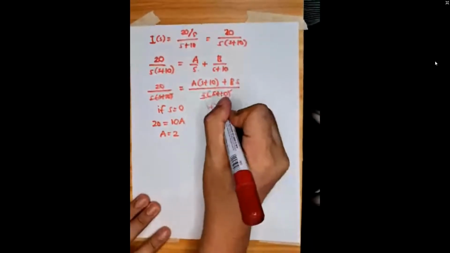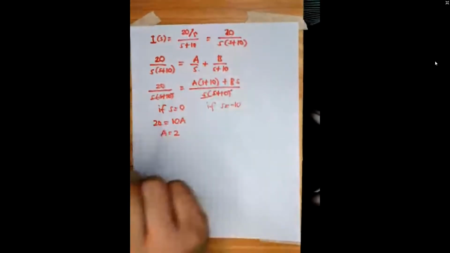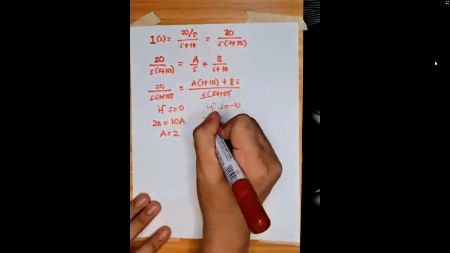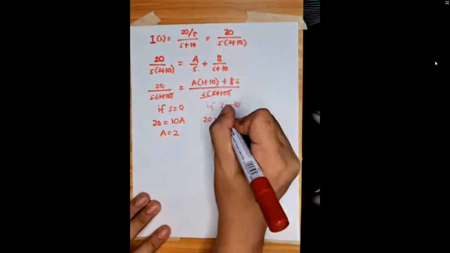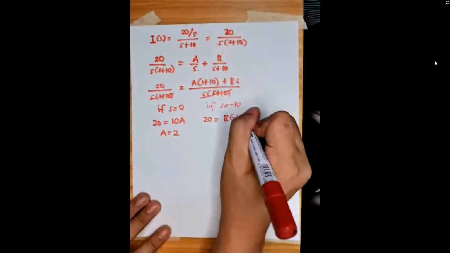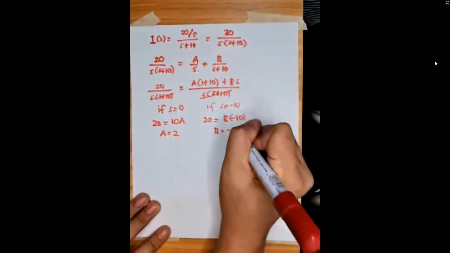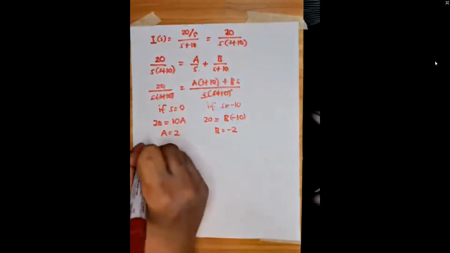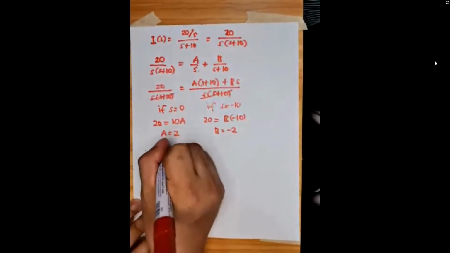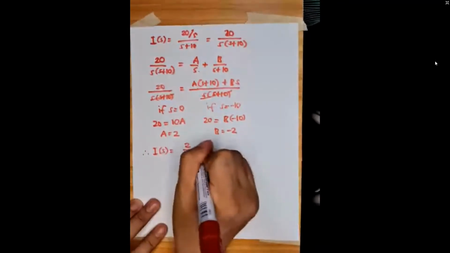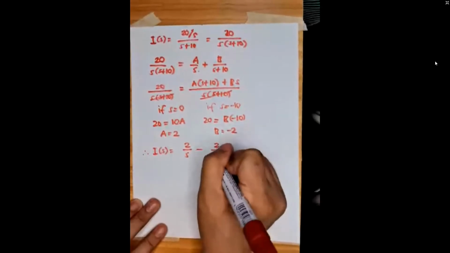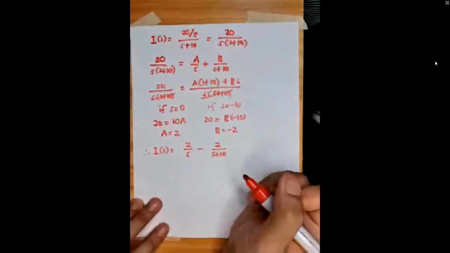If S is equal to negative 10, the left side is still 20, that's equal to 0 plus B times negative 10. So B is equal to negative 2. Therefore, our I of S is equal to 2 over S minus 2 over S plus 10.